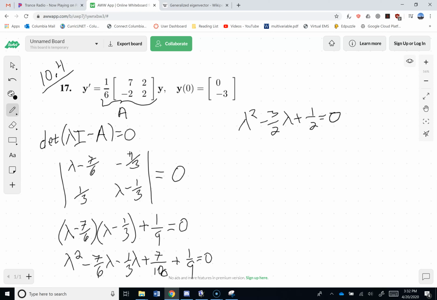Okay, good. Excellent. So now that feels like I have lambda minus 1 times lambda minus 1/2 equals 0, which feels like lambda is 1 and 1/2.